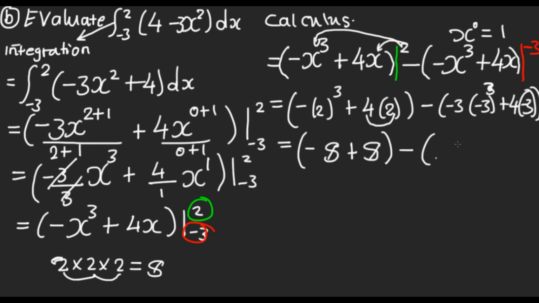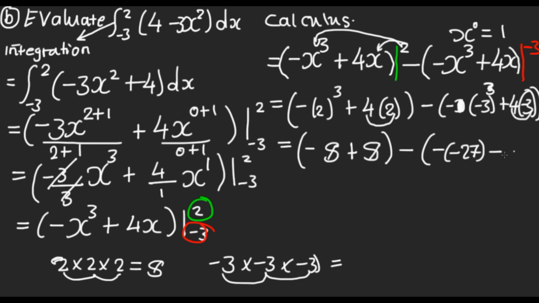Minus here, negative 3 times negative 3 times negative 3. So negative 3 times negative 3 is positive 9, times negative 3 is negative 27. Minus 4 times 3 is 12. So we know that positive 8 minus 8 will just give us 0.